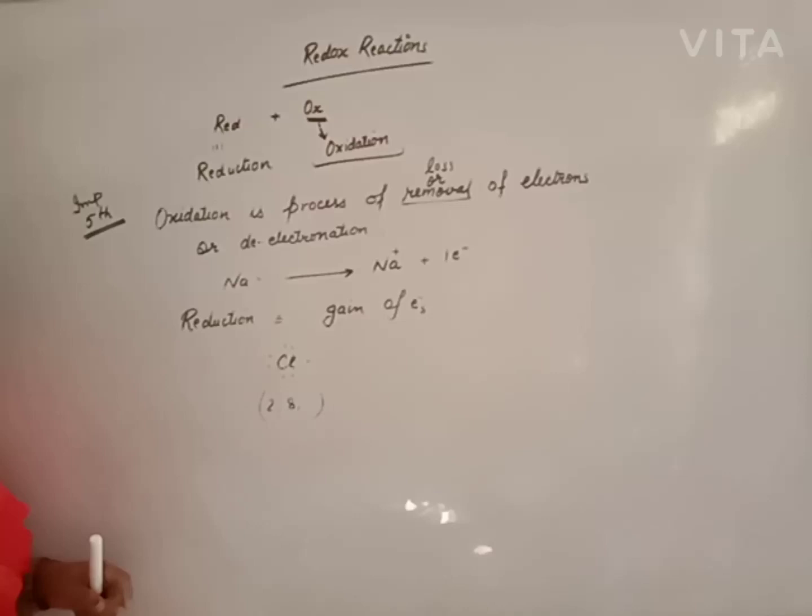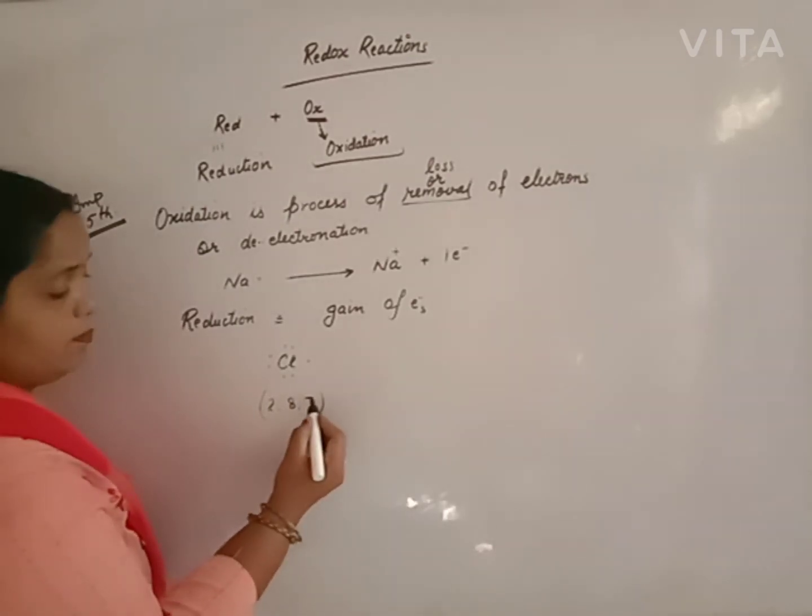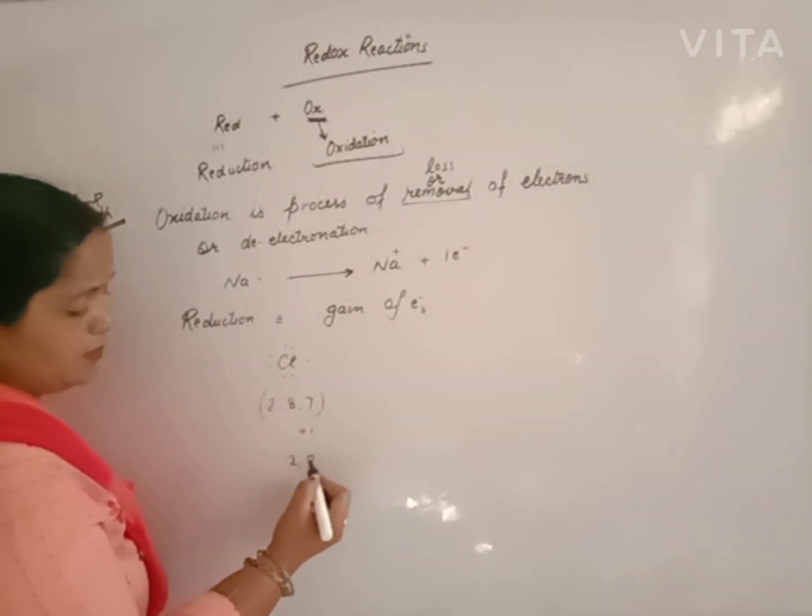Reduction is the process of gain of electron. It is the process of gain of electrons from a neighboring atom or from a covalently bonded atom. Suppose chlorine: it has 7 electrons in the outermost shell. By loss of these 7 electrons, it will form a stable configuration, or by gain of 1 electron, it also forms a stable configuration.